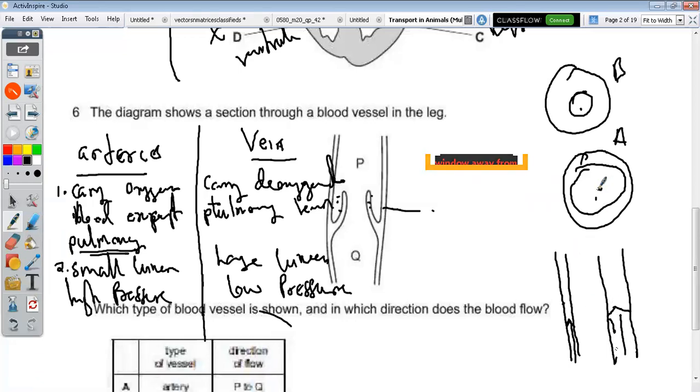So it's to do with the veins, because blood is carried at low pressure. Veins have got valves. All veins have got valves to prevent backflow of blood, because blood is being pumped with low pressure. So there are so many valves at each stage.